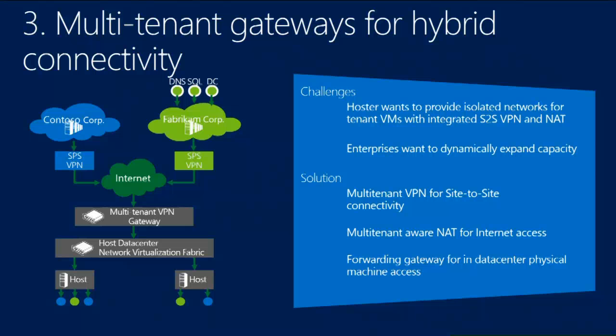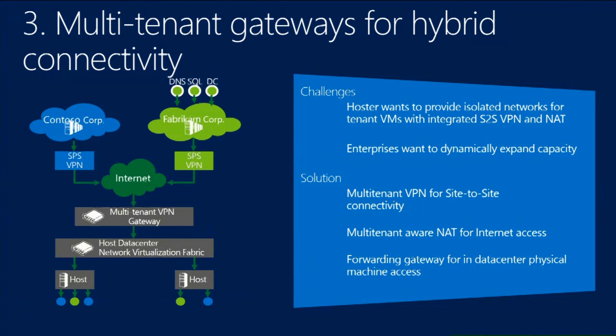Or if you have a VM that just wants to talk to a physical resource, say storage, there is no Hyper-V network virtualization there either. So what you need is a translator or a gateway that can translate from a Hyper-V network virtualization world to one where there isn't.